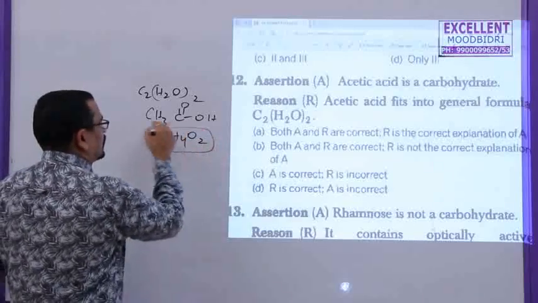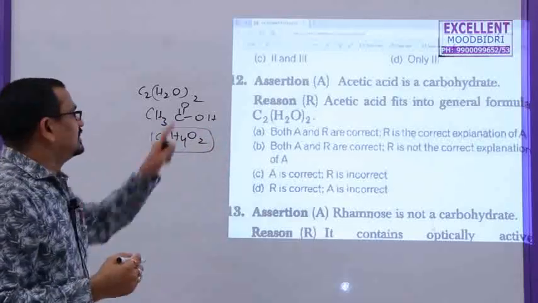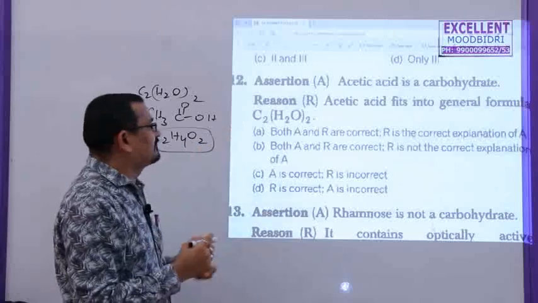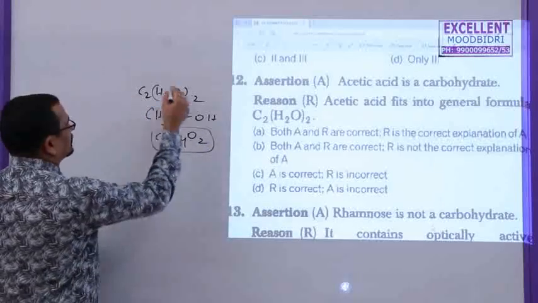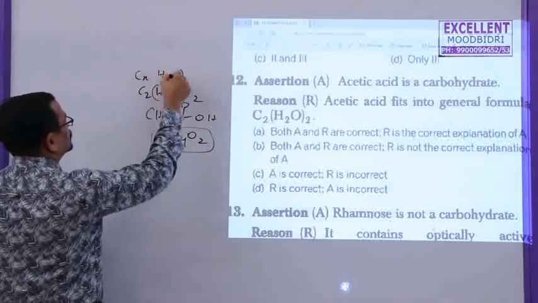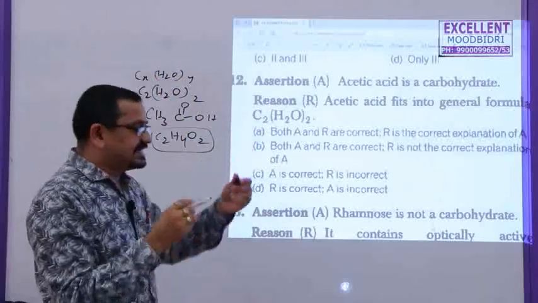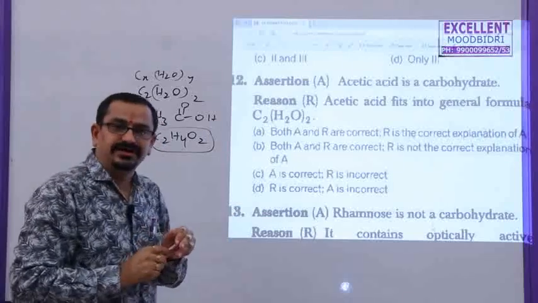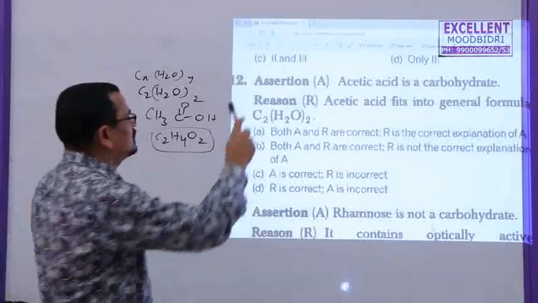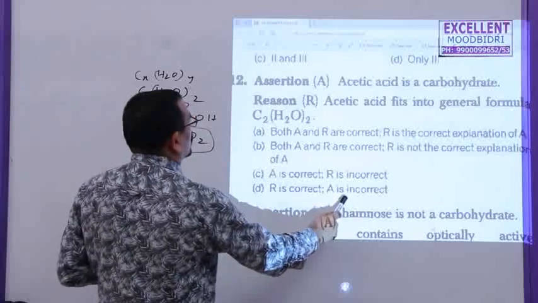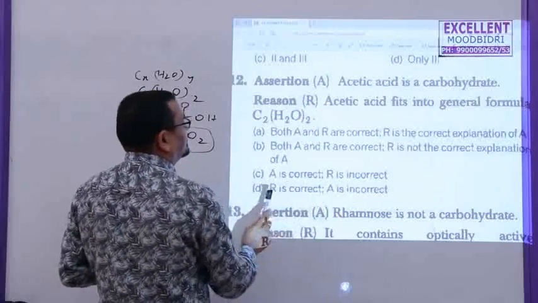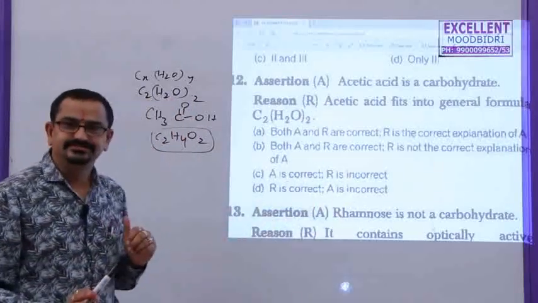So formula may fit into this general formula, which is similar to the carbohydrates, CxH2O taken Y, like that. But acetic acid is not at all treated as a carbohydrate, right? So we can say assertion is wrong, and the reason is correct line.